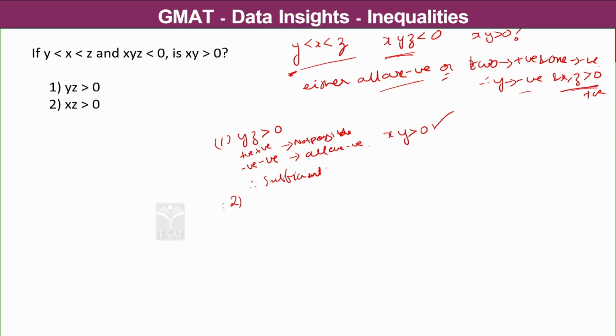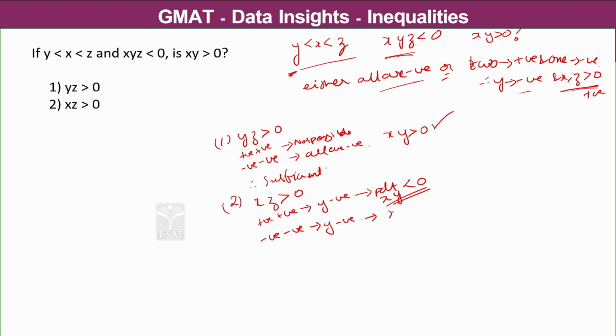Now, the second statement says that xz is greater than 0. So, it is possible when x is positive and z is positive. Yes, you can have x and z positive, then y will be negative. So, the product xy will be less than 0, because y is negative and x is positive. Now, another option is when they are both negative, that is x is negative, z is negative, then again y will be negative.